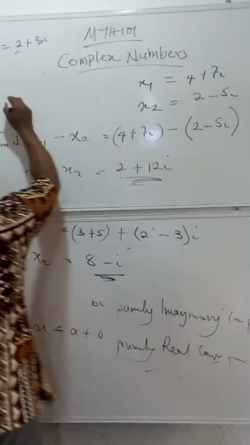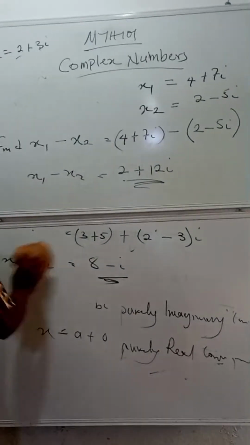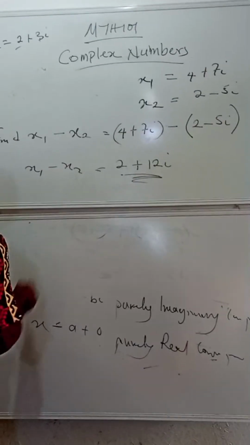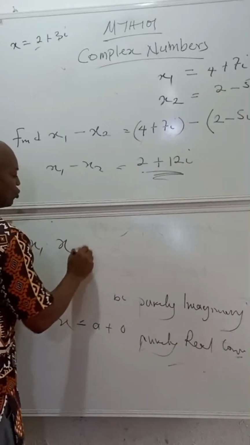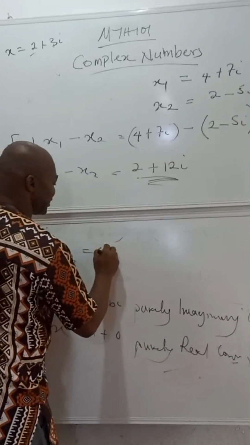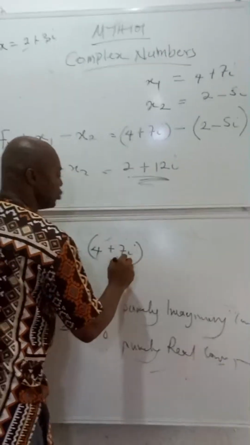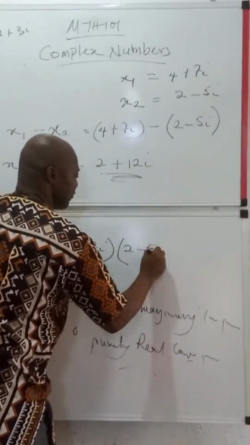For multiplication, if our interest is to find x1 times x2, then we can write this as 4 plus 7i all into 2 minus 5i.